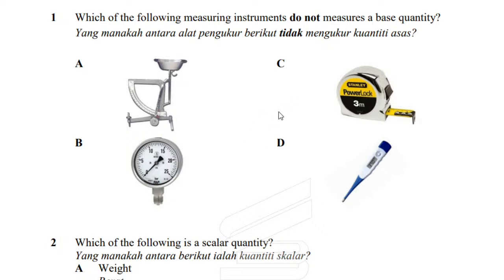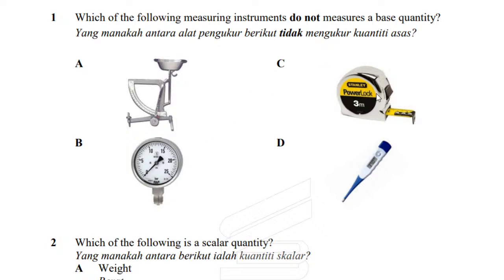B. Alright, why is B? Why is your answer B? Somebody says A, somebody says B. Now look at this. We use this instrument to measure mass, and this is used to measure pressure.